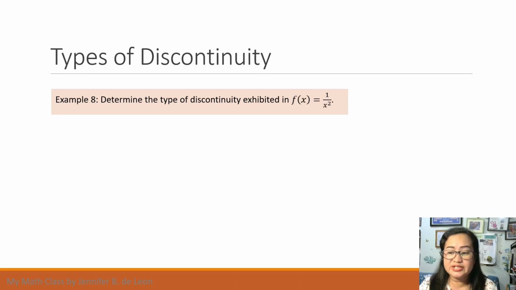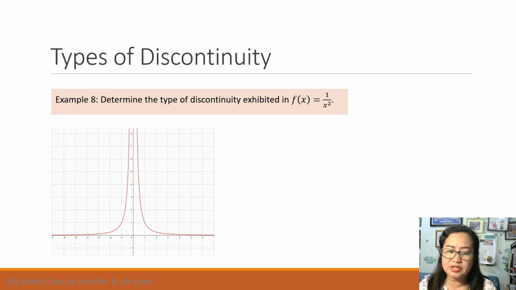Now let's have example number 8. Determine the type of discontinuity exhibited in f of x equals 1 over x squared. Now graphically, we can see that as the value of x approaches 0, the value of f of x approaches positive infinity.